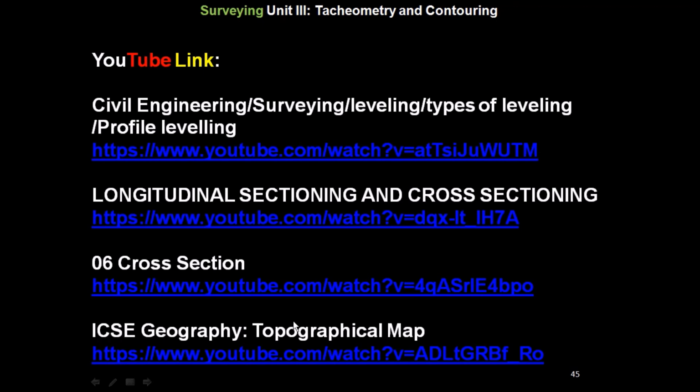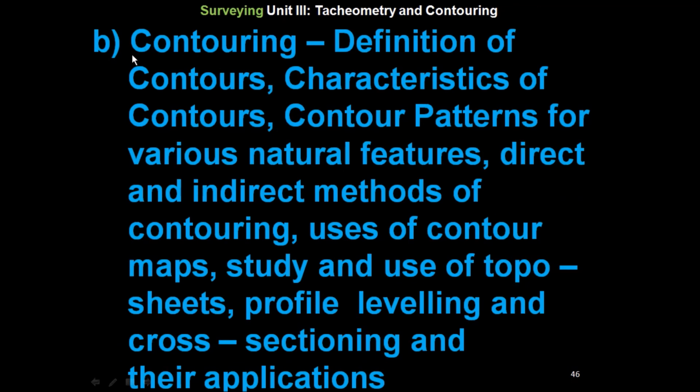So we have seen part B, contouring: definition of contours, characteristics of contours, contour patterns for various natural features, direct and indirect methods of contouring, uses of contour maps, study and use of topo sheets, profile leveling and cross sectioning and their applications.